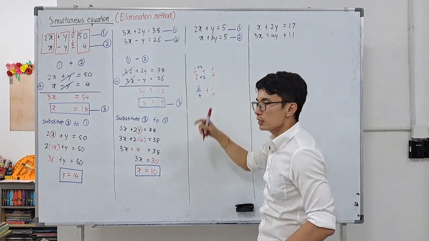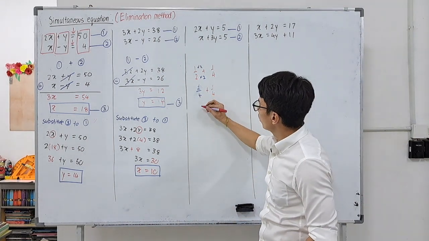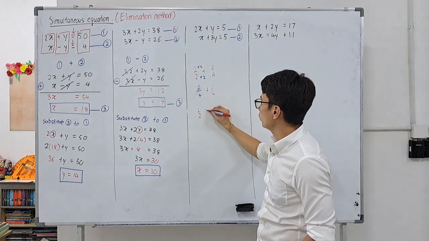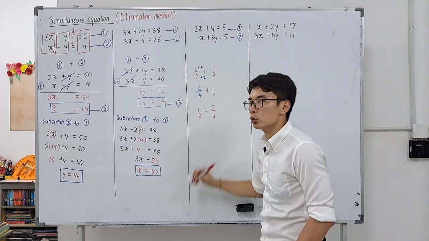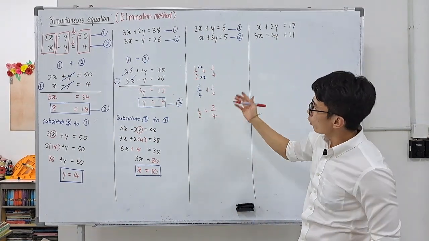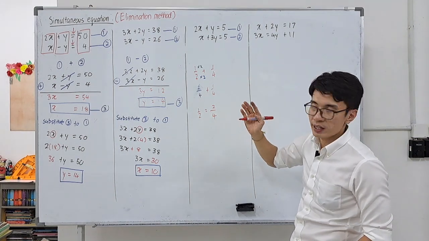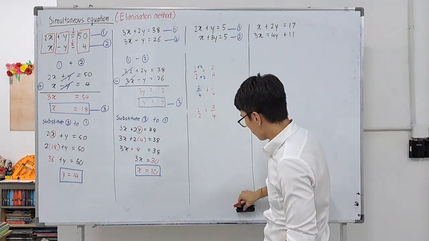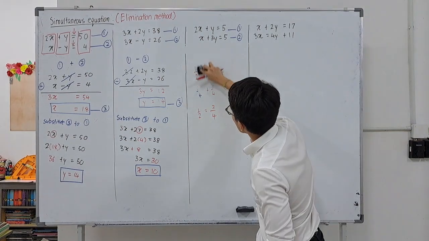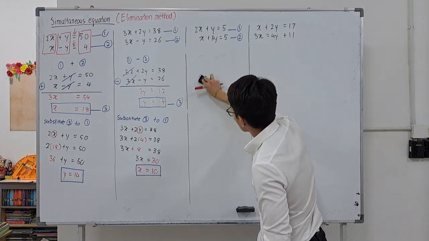Only then we can add this fraction, correct or not? So we know that 1 over 2 has the same meaning as 2 over 4, right? So we are going to use this knowledge over here right now.